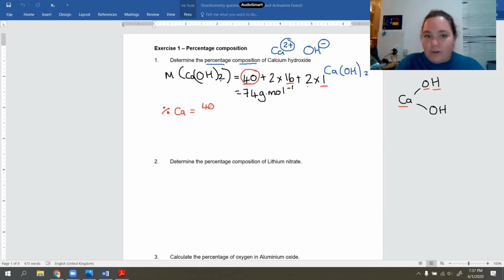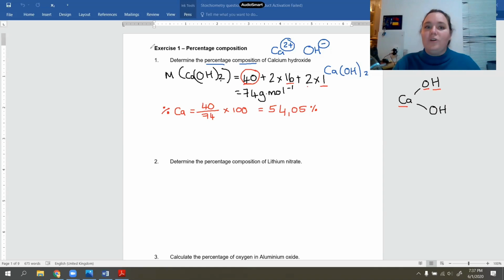So 40 grams out of the 74 grams from each mole times by 100, because I want to get a percentage, will give me the percentage that is calcium. So 40 divided by 74 times 100 gives me that 54.05% of calcium hydroxide is calcium.